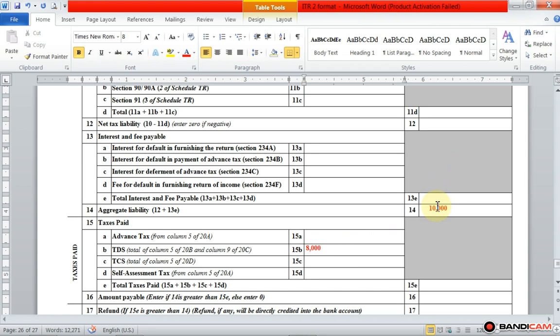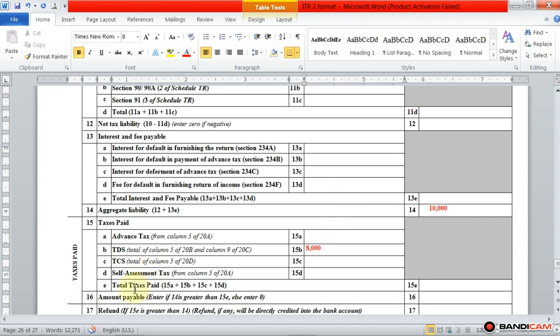It means aggregate liability is more and tax paid by the assessee is a lower value, which means below 10,000. But actual tax liability is rupees 10,000, and TDS paid by the assessee during the year is 8,000. So here 2,000 tax is remaining to be paid by the assessee to the income tax department.